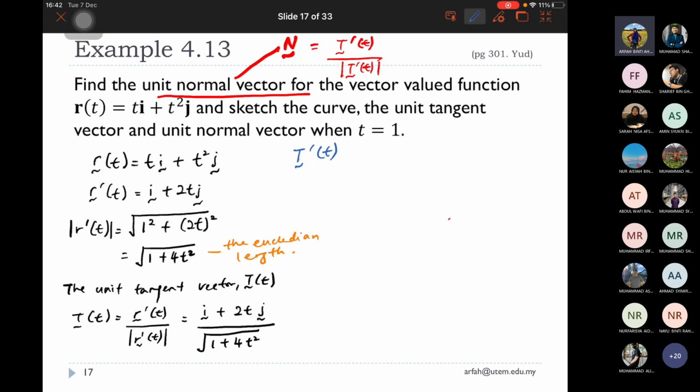Sebelum saya tunjukkan macam mana nak dapatkan dia punya unit tangent vector, daripada unit tangent vector kita akan dapatkan unit normal vector. So yang dah cuba dapatkan unit tangent vector.